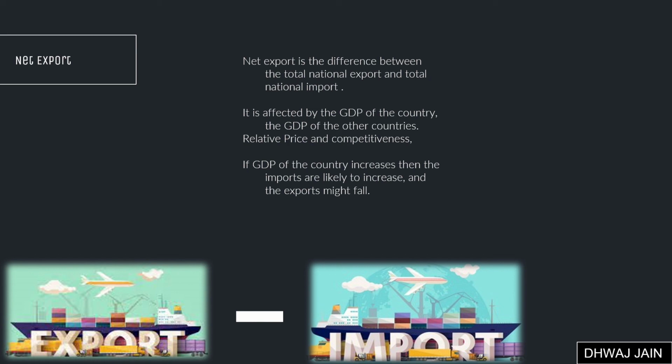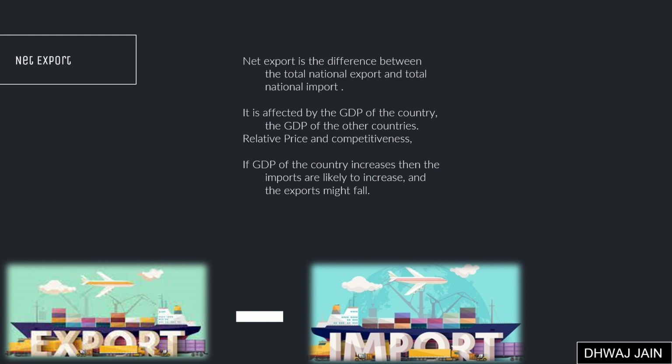For example, my country, Malaysia, has an economy which is flourishing very well. People have more disposable income, and many people can spend more on products. So they will import better quality products and better quality raw material from other countries, for example China.